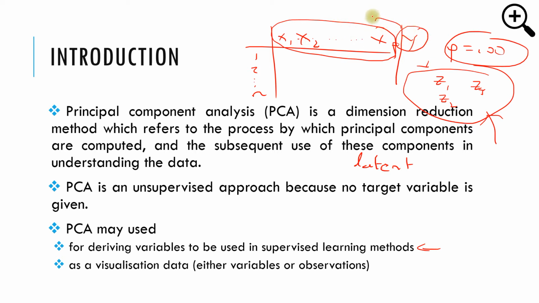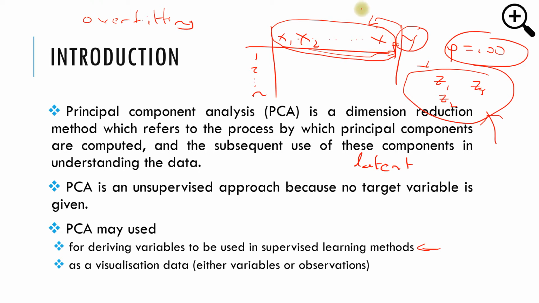Using all these variables to predict y is not always a good idea for one simple reason: it will result in overfitting, as we all know. Which means your error in the training set will be very small, but the error in the testing set would be very large. So it's not a very good idea to take all these variables to fit y.